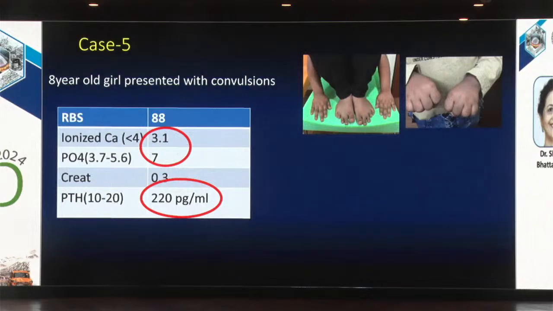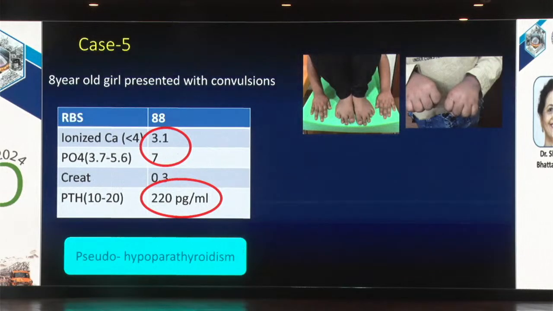Yes. The first one is the girl's hand, and the parents brought the sibling who was 6 years old, and that boy also had similar short metacarpals and metatarsals, right? Have you got the diagnosis? So pseudohypoparathyroidism.